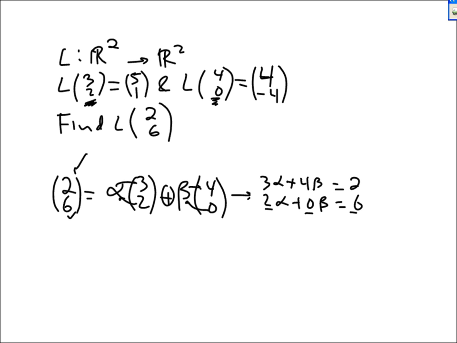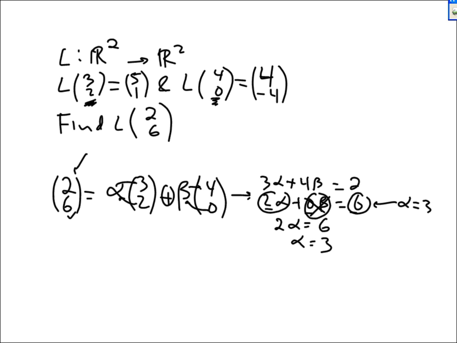But rather than using matrices, I think it's easier to realize from the second equation that alpha is 3. After all, 0 times beta is 0. So 2 alpha plus 0 is 2 alpha, which equals 6. I can look at this equation and say alpha equals 3 immediately.